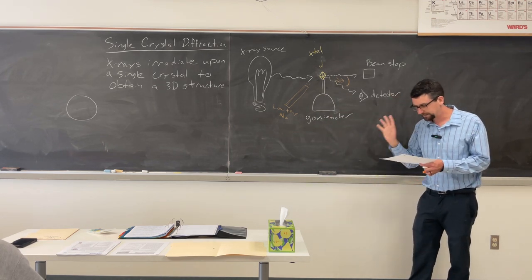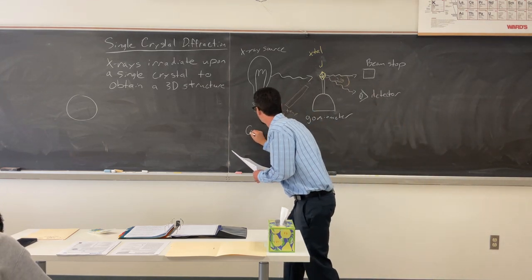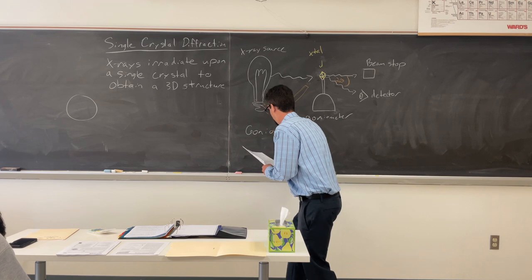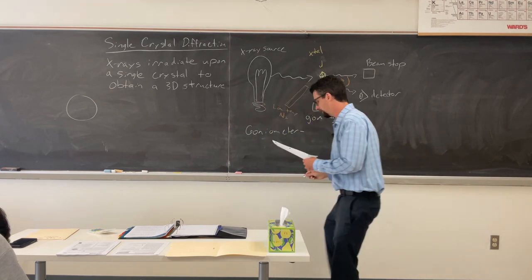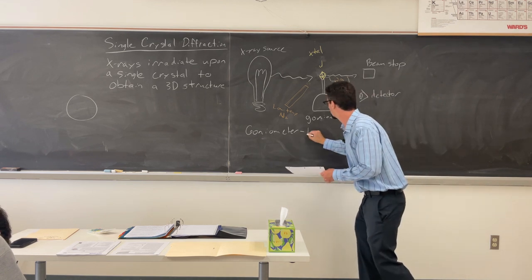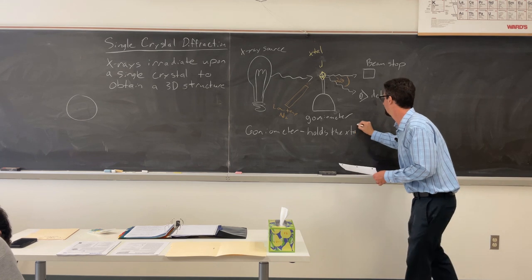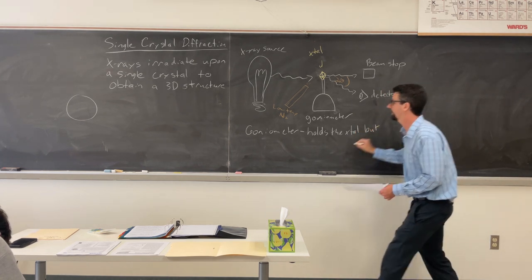So we'll talk about that in a second. Before we go there, let's define what this is. So I guess I could have put it this way in my notes that I had simply written. It holds the crystal, but allows it to rotate.